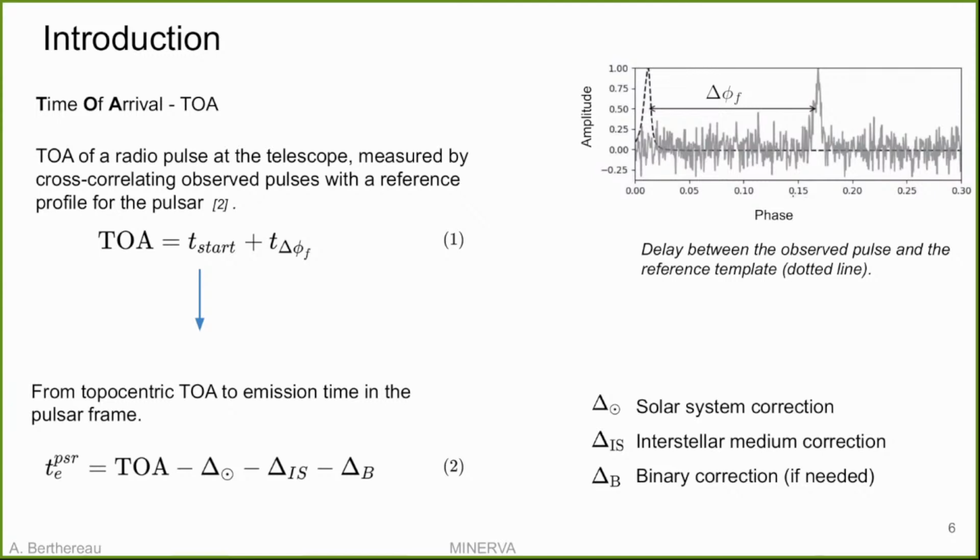We then have a template that we cross-correlate with every observation that we have to get a delay in the phase, a delay in the time domain. And the TOA will then correspond to the time that we started the observation plus this delay.